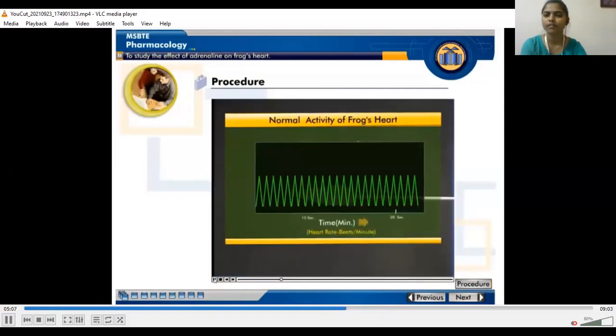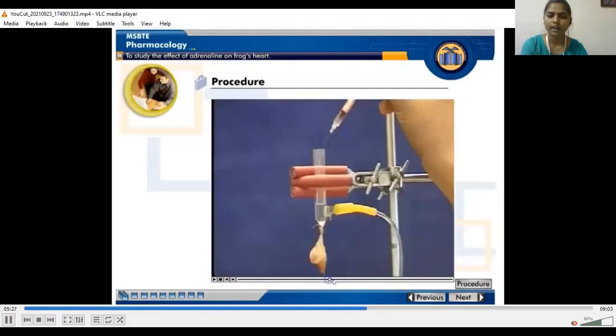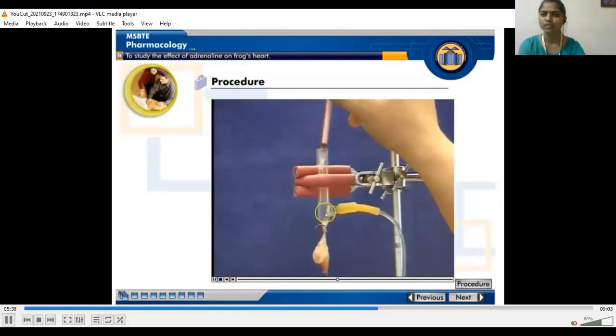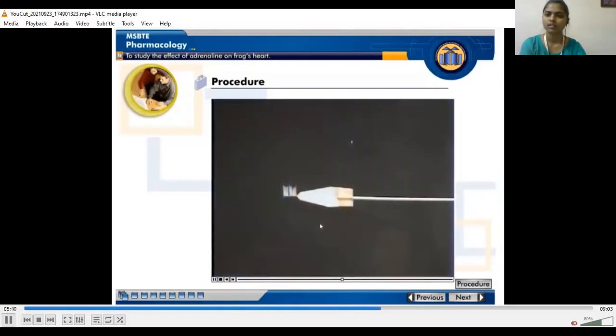So the normal activity of the frog heart shows equal distance between two heartbeats. And once we inject the adrenaline using the syringe with the help of the cannula, since the cannula is there, once we inject the dose of adrenaline, it shows a sudden increase in the force of contraction as well as heart rate.